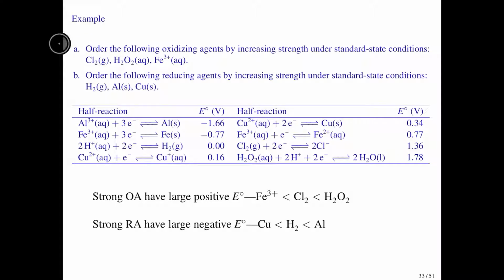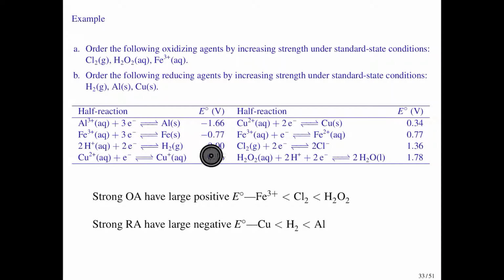Okay, so here we've got a list of oxidizing agents: chlorine, peroxide, iron 3, and we are being asked to rank these in order of increasing strength under standard state conditions. So we want to find these guys in their different half reactions.